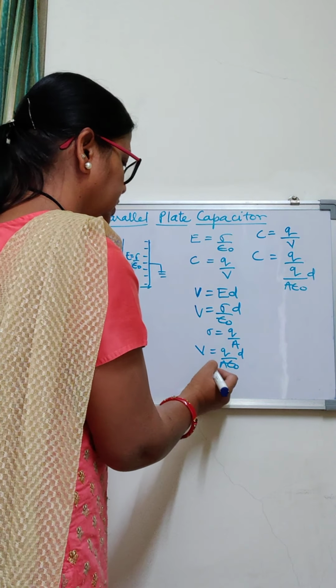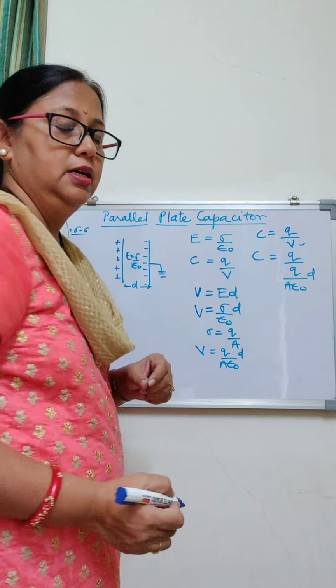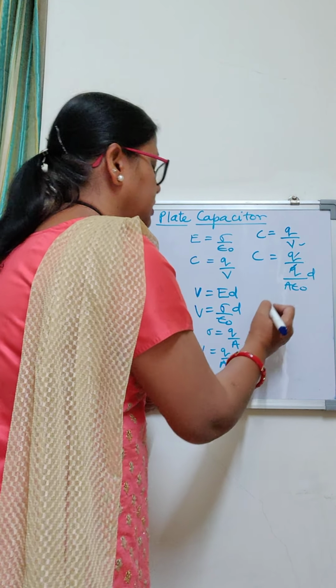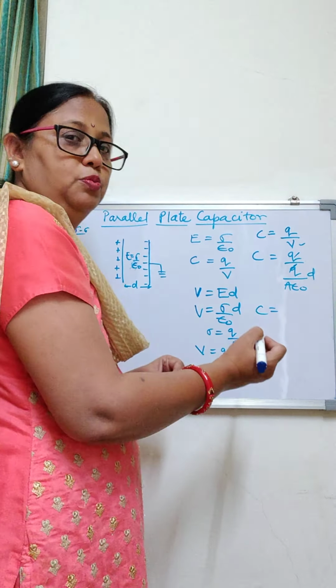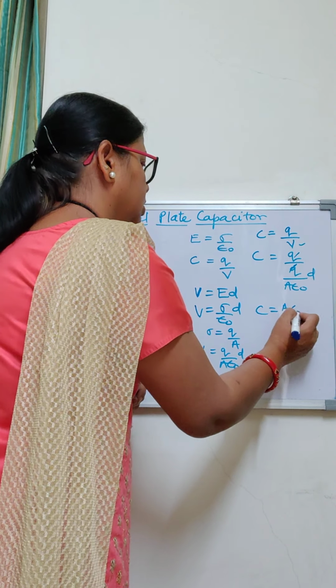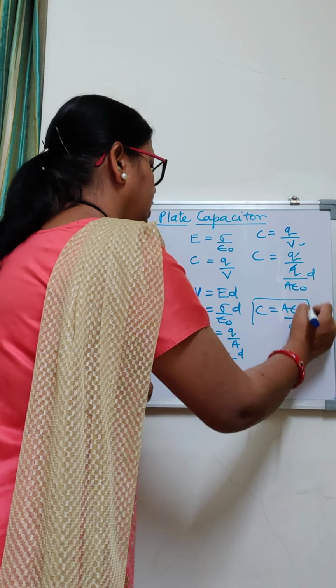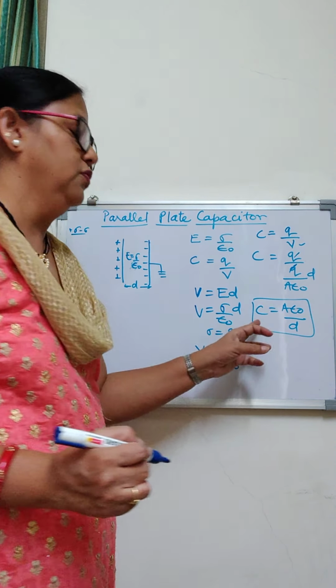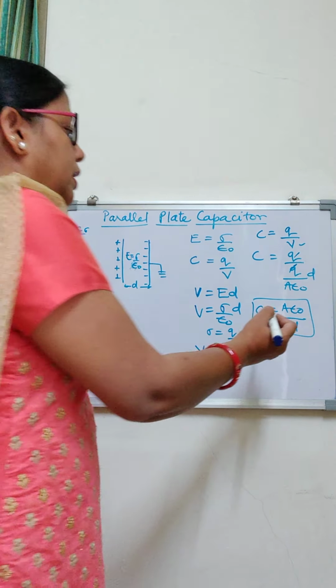Now Q will get cancelled, and the denominator goes into the numerator. So C equals A epsilon naught upon d. This is the formula for the capacitance of a parallel plate capacitor without any medium.